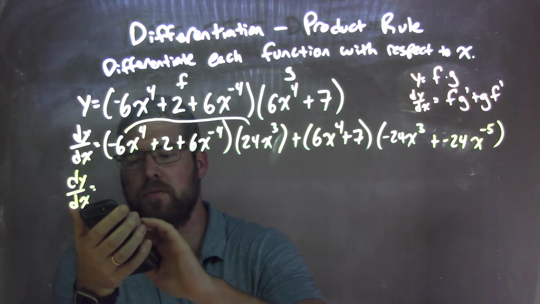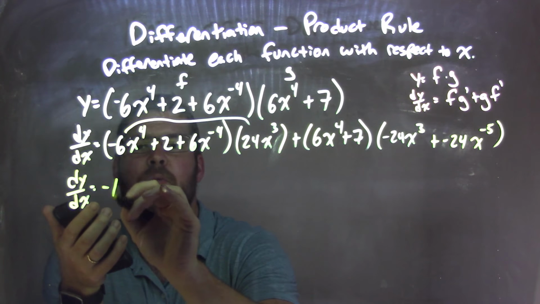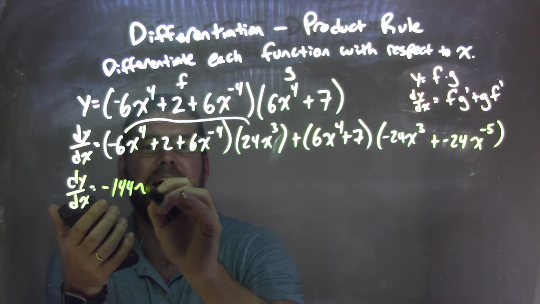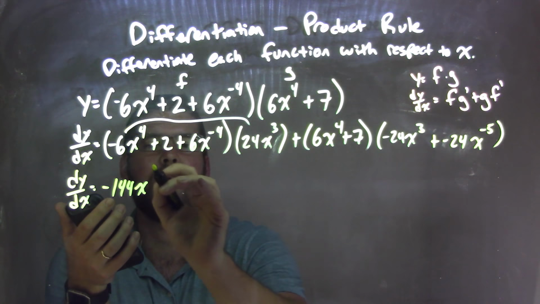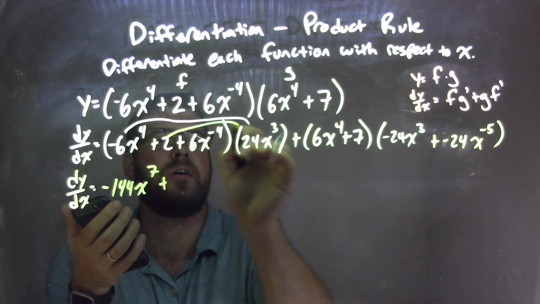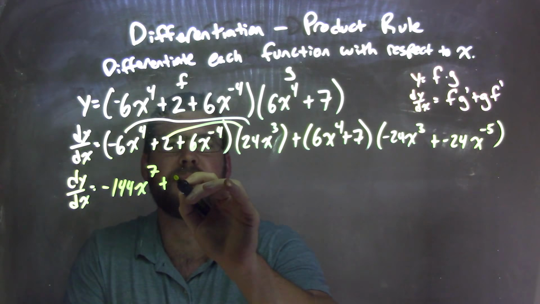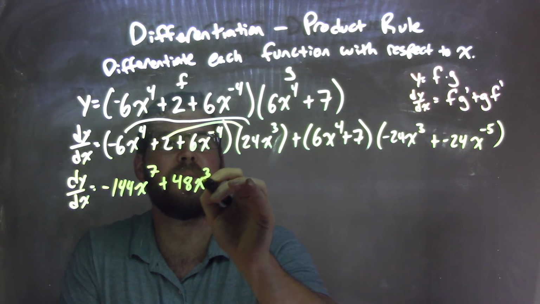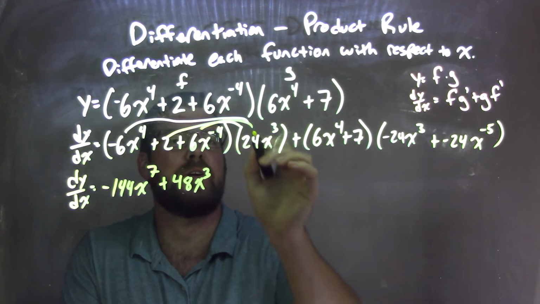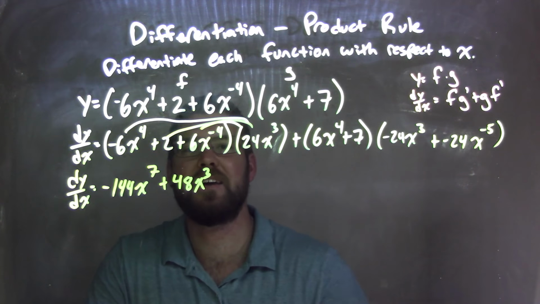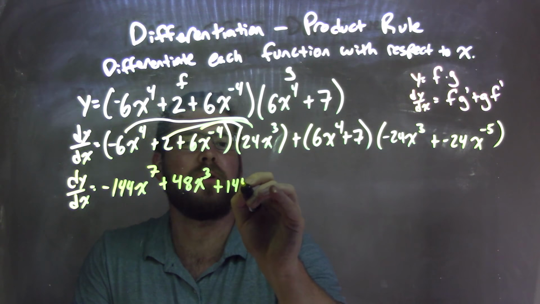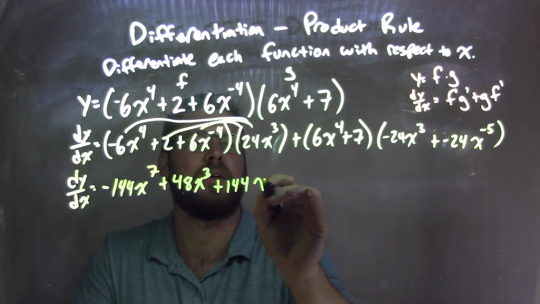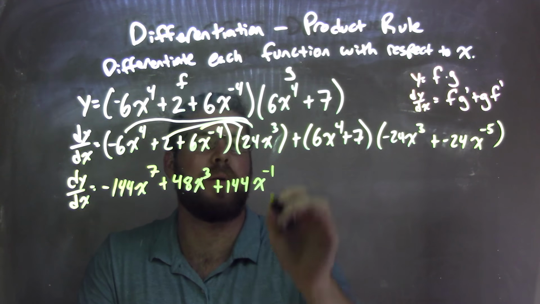So we have negative 144, x to the, now we add the exponents, 4 plus 3 is 7, plus 2 times 24 is 48, so we have 48x to the third, and then negative 6 times 24 again is negative 144 plus 144. Then we add the exponents. Negative 4 plus 3 is a negative 1.